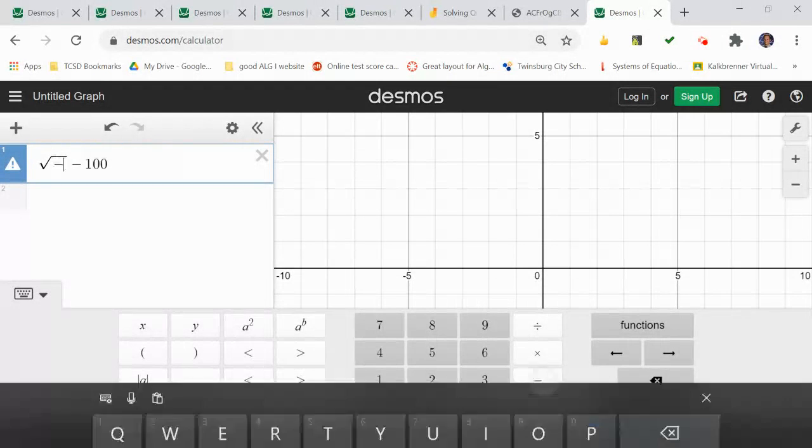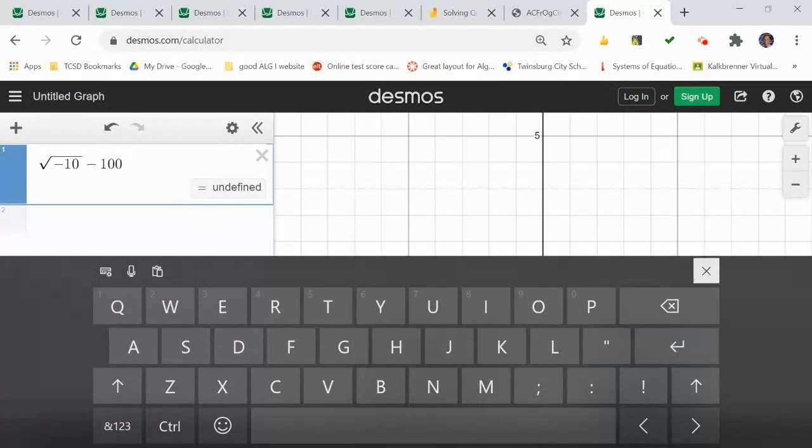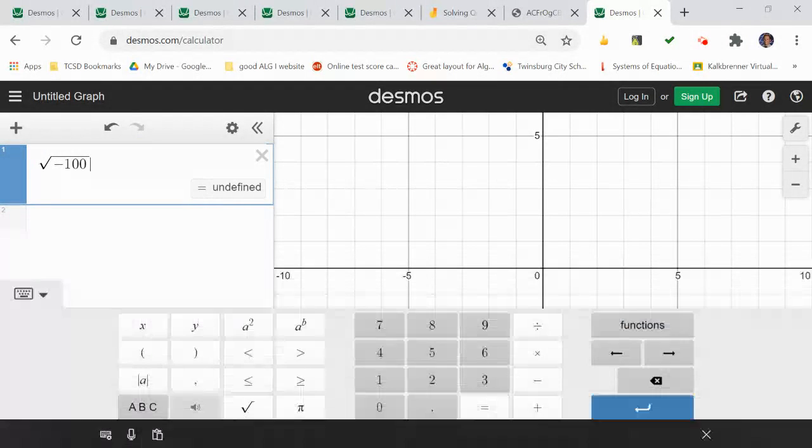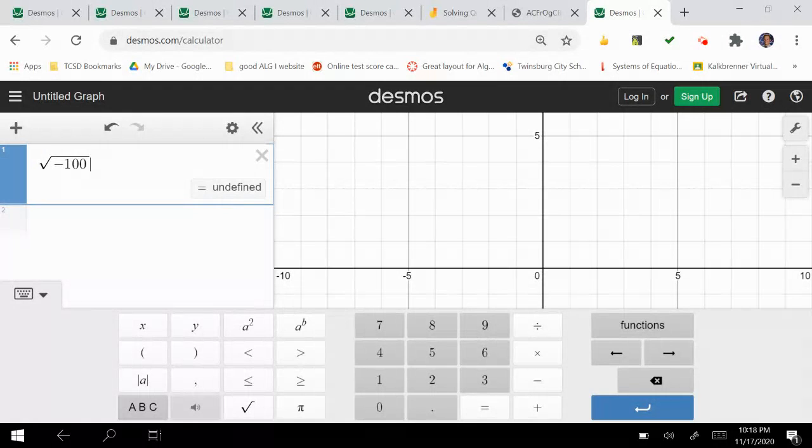Actually, I have to put it underneath that radical. It's undefined, so I'm just going to erase this. Why is it undefined? I haven't even done the denominator yet, but why can't -100 be square rooted? Why can't that be defined with a value? That's what it means to be undefined.